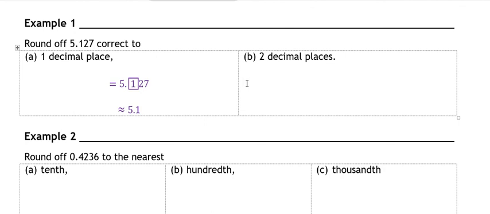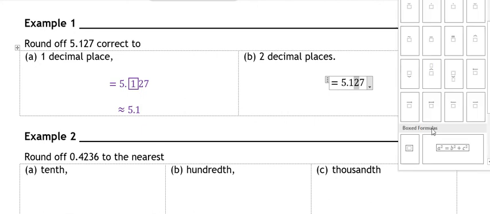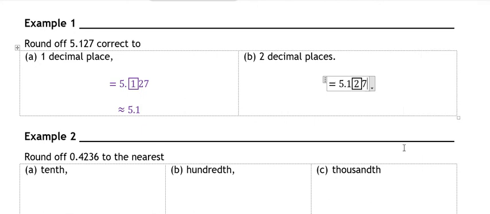Okay, for the 2 decimal places, write it down back. Okay, so here is 5.127. So the first decimal place is number 1, as part A explained. Now for the 2 decimal places, it is affecting digit number 2. So here, when you look back, okay, 5.1 is not affected.